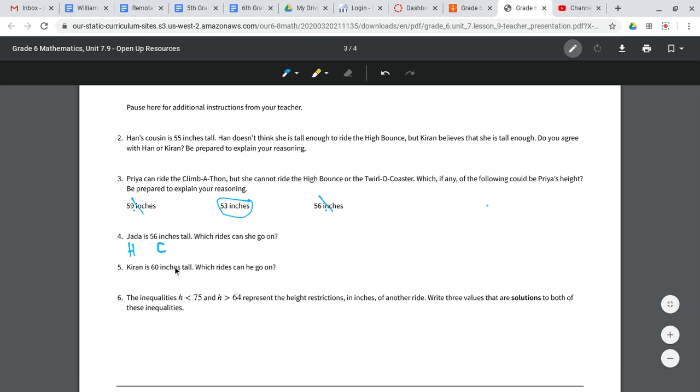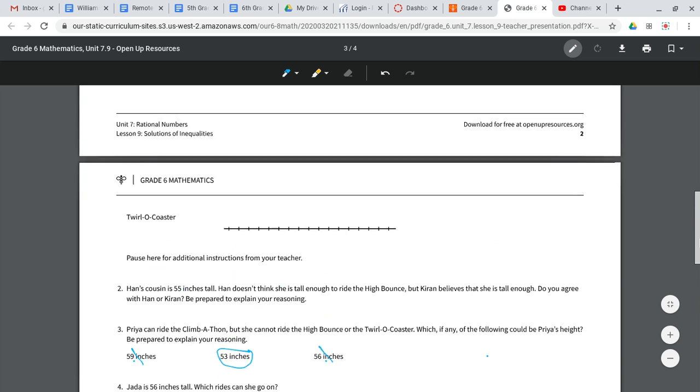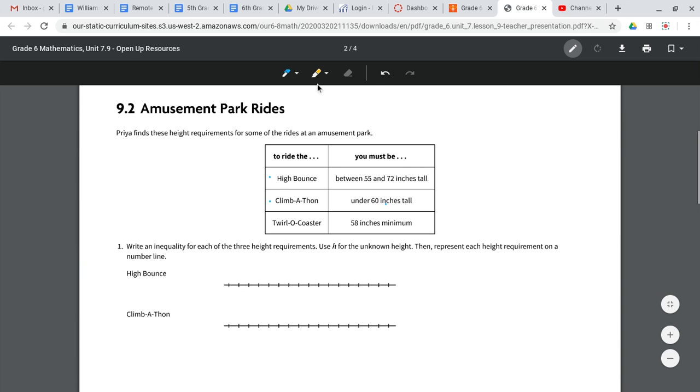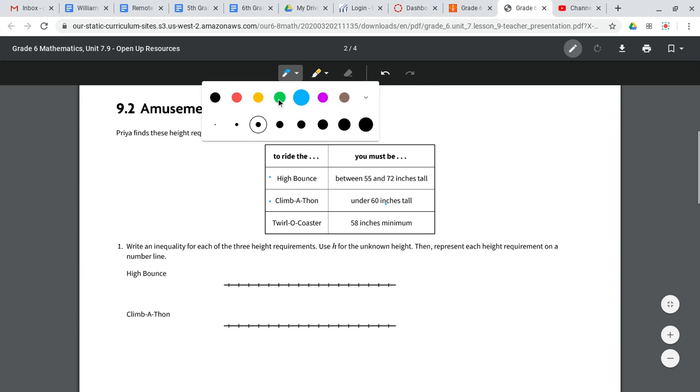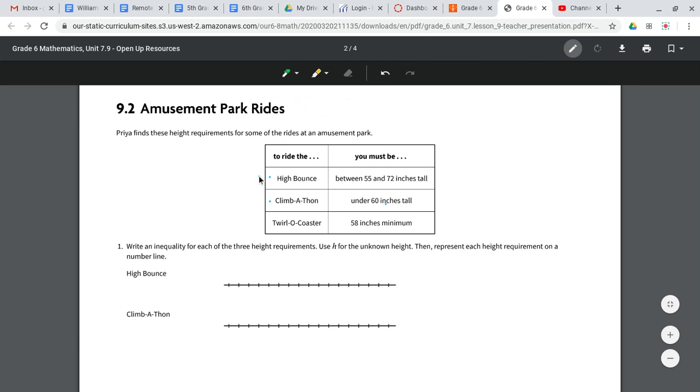Now, Kieran is 60 inches tall. Which rides can he go on? So if we go back up here, we're going to change his to green just so we know the difference. He's 60 inches tall. So that means he is between the 55 and 72, so he can go on the high bounce. For the Climathon, he has to be under 60 inches tall, so he doesn't count because he is 60 inches, so he's not under it.